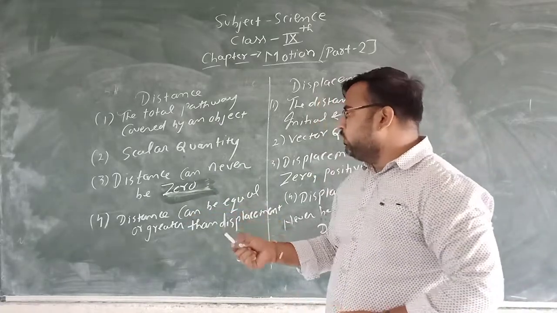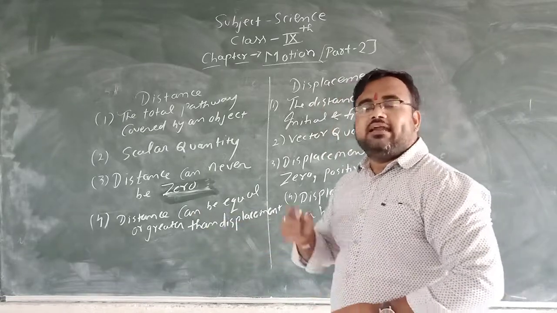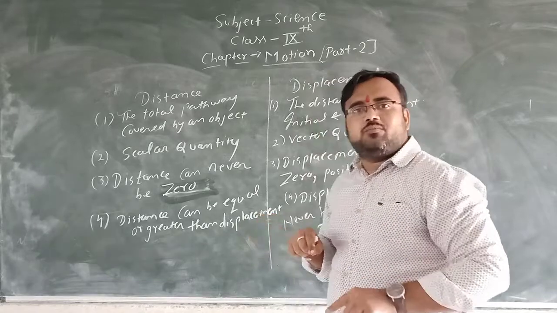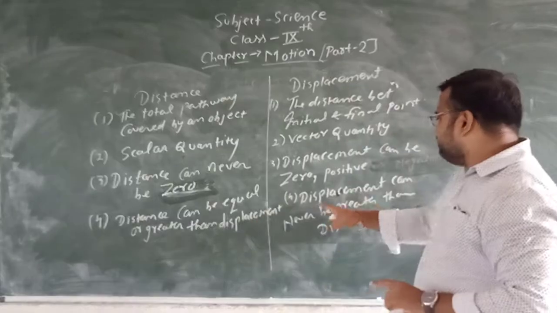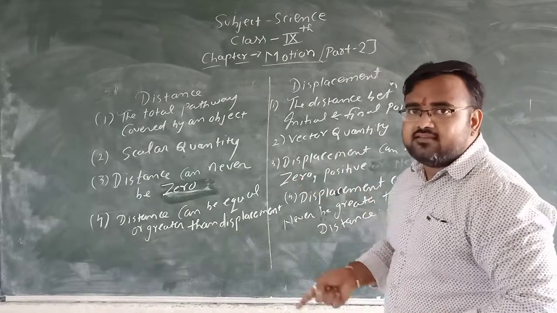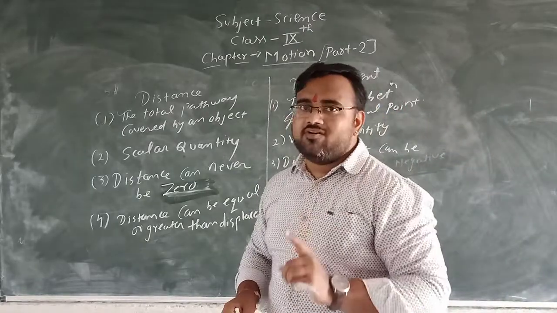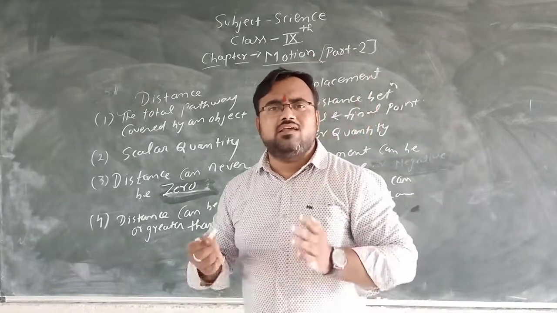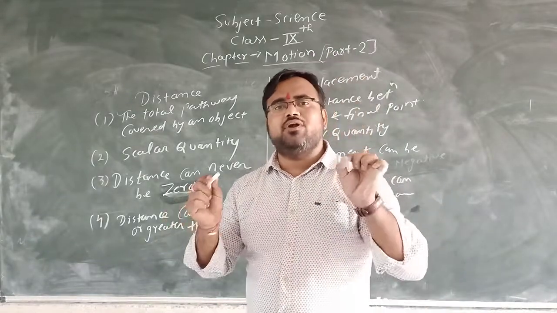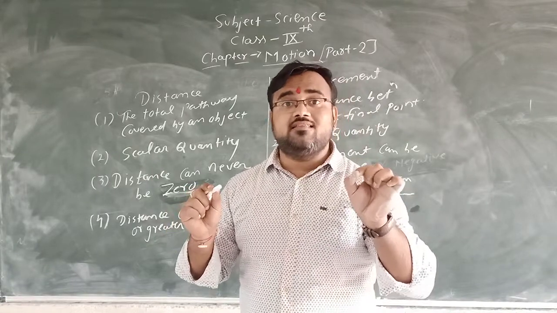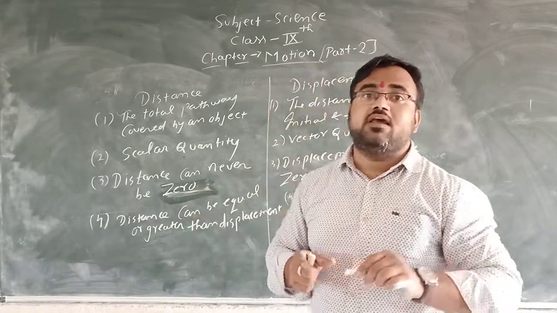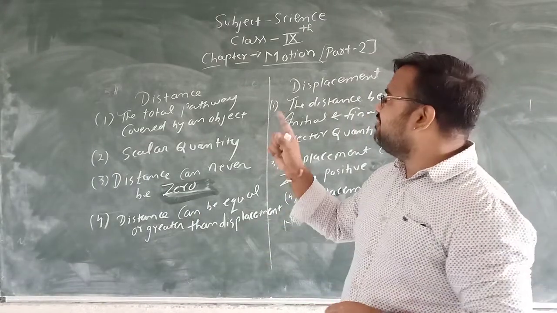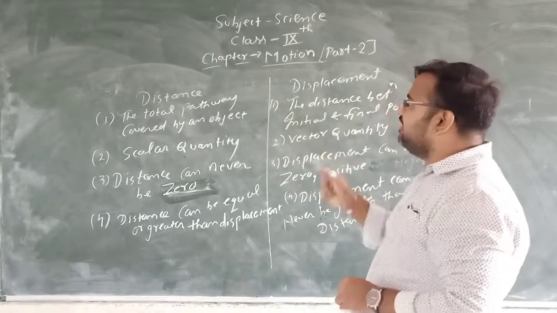Distance can be equal to or greater than displacement, but displacement can never be greater than distance, because displacement is the distance between the initial point and the final point only, but distance is the total pathway covered by an object. So this is the difference between distance and displacement.